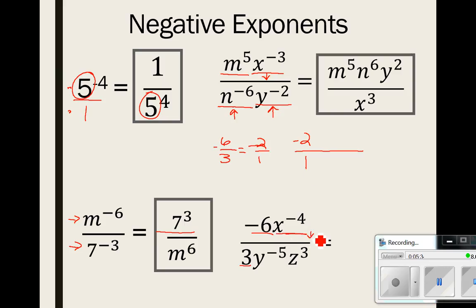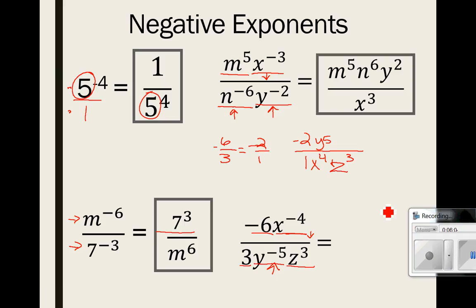So x to the negative 4th has a negative attitude. They need to go downstairs, so I'm going to put them downstairs with a positive exponent. I have y to the negative 5th. They have a negative attitude, so they need to go upstairs. So y to the 5th becomes a positive exponent. And z to the 3rd is a positive exponent, so they don't need to go anywhere, so they stay on the bottom.